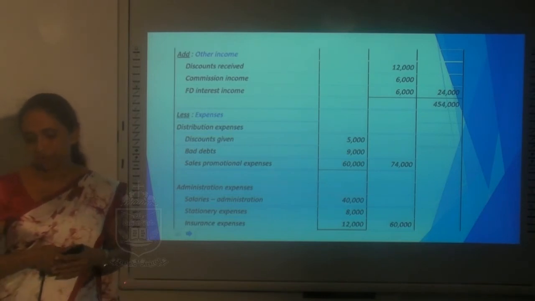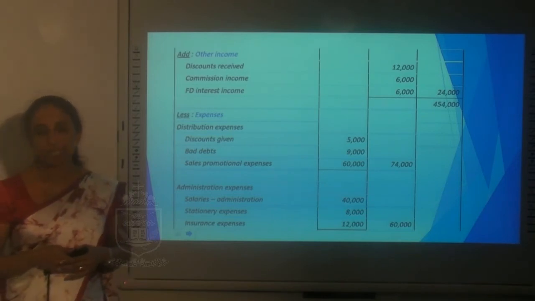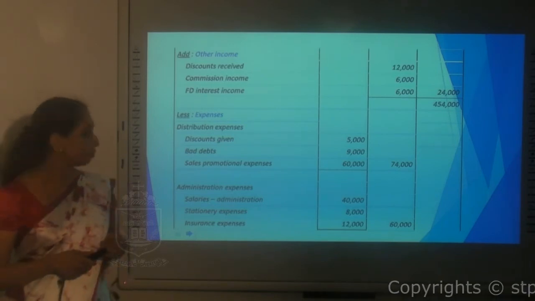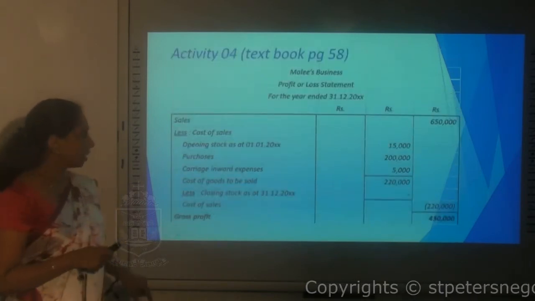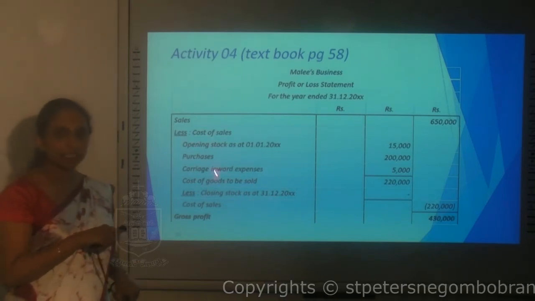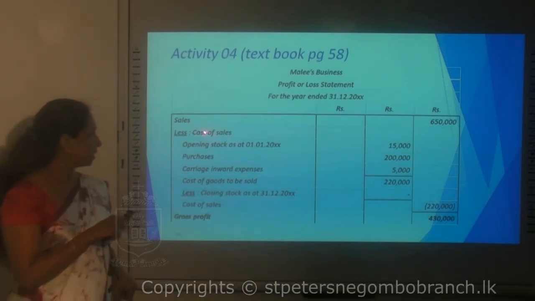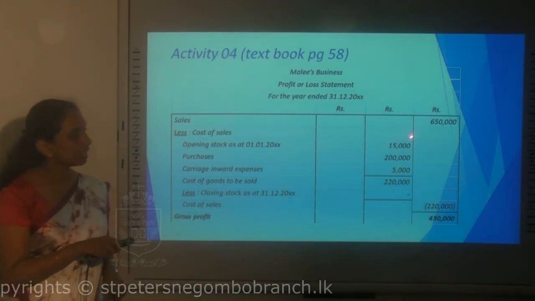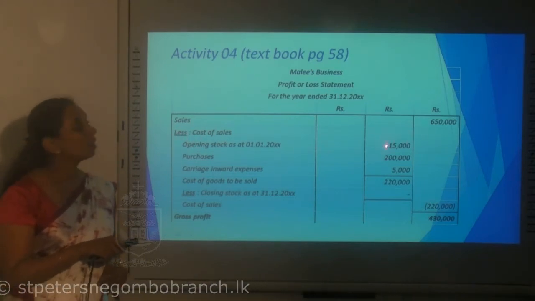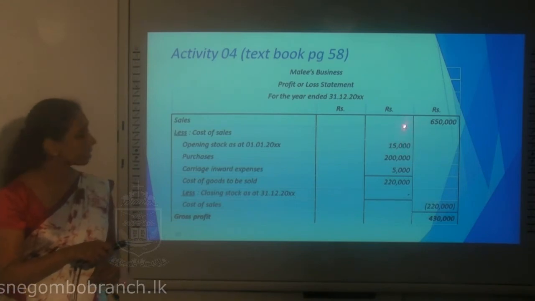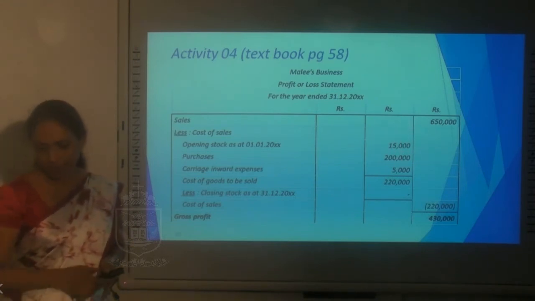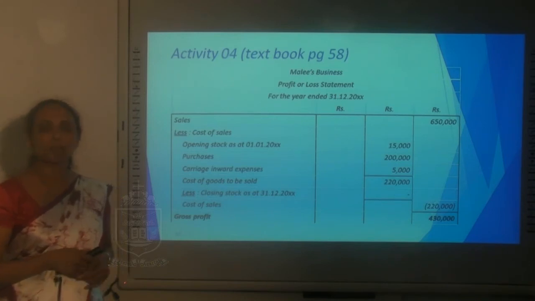Then the next item is the stock as at 1st of January of that particular year. So that becomes the opening stock and it comes under the calculation of gross profit. So we have a space to put the opening stock, and here you have mentioned 15,000 as opening stock. The next item is the commission income.